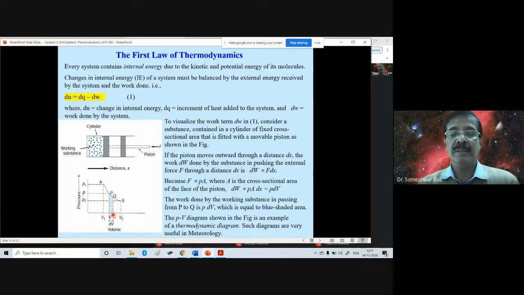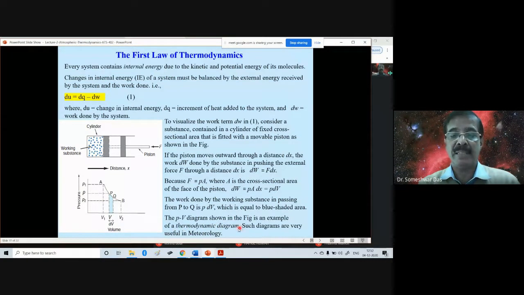So this is called the PV diagram, and this is a very important diagram. It looks like a simple diagram, but in atmospheric science or meteorology, it is very important, because there are several applications of this diagram in meteorology, and we call them thermodynamic diagrams.